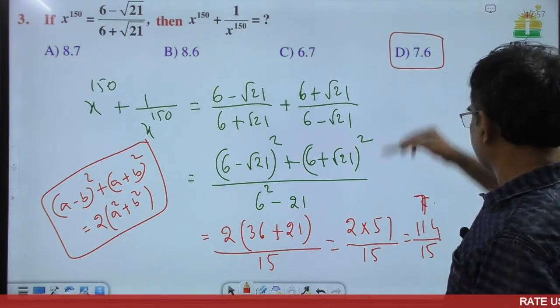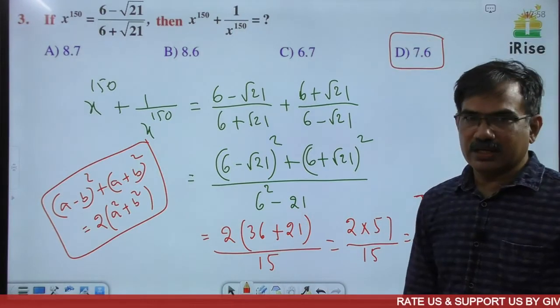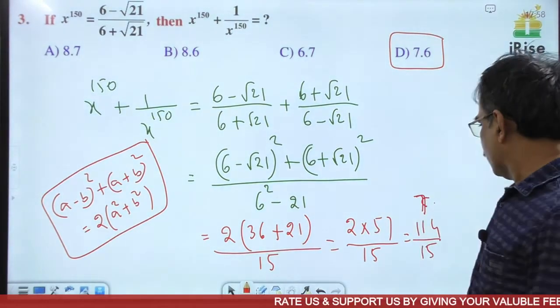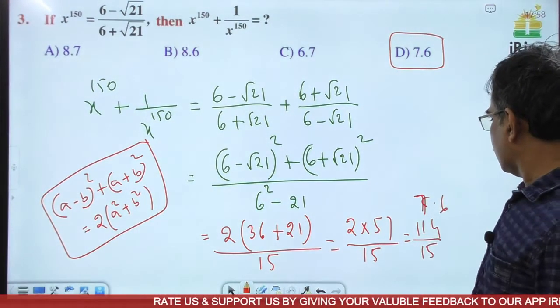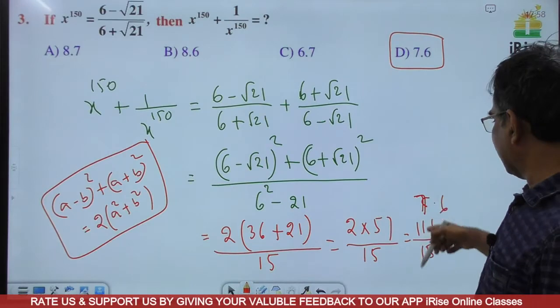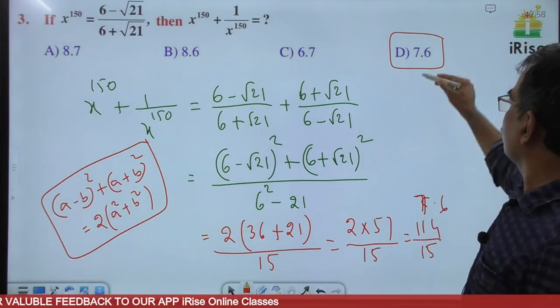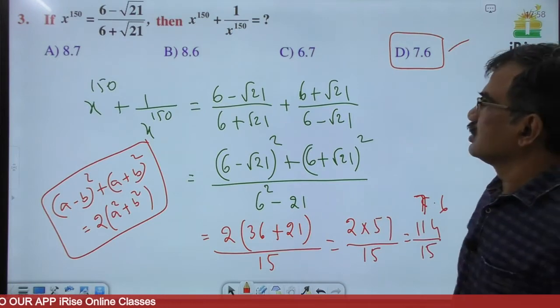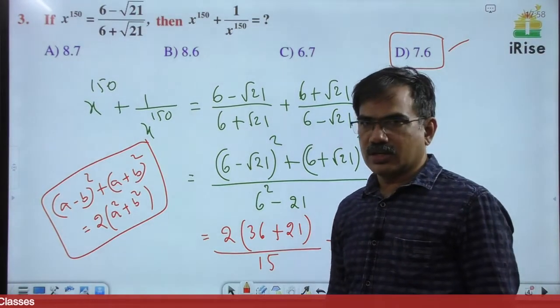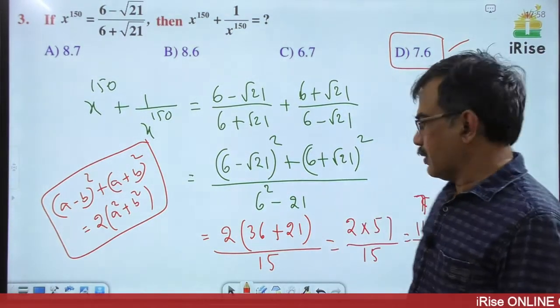Only one option has 7 point something. So if you divide, we get the answer as 7.6. 15 sevens are 105, then 90; 15 sixes are 90. So the answer for this question is 7.6. Okay, next question.